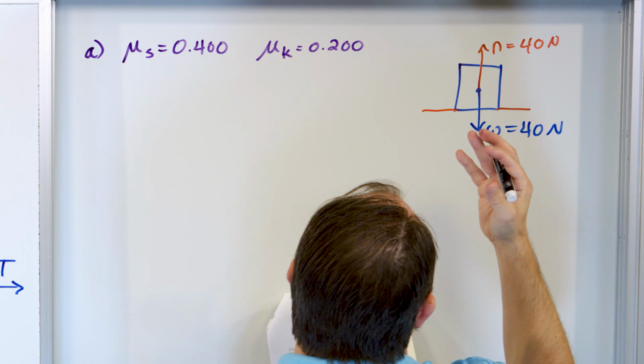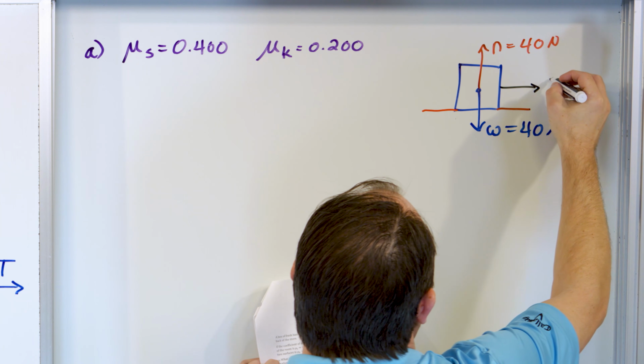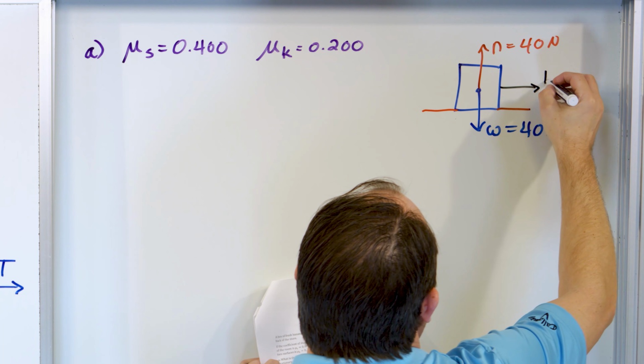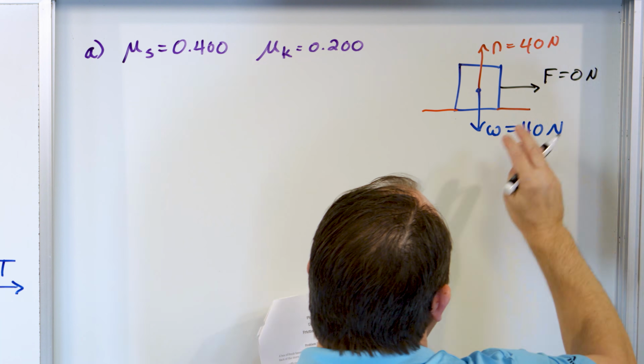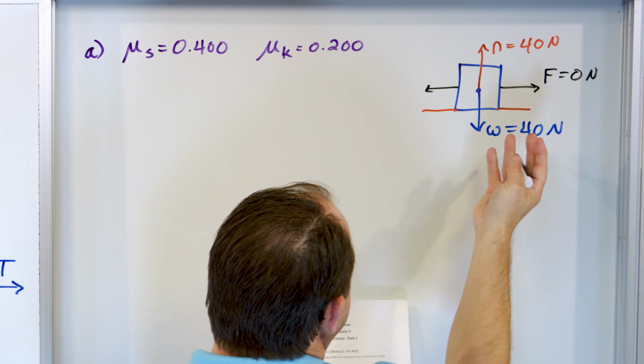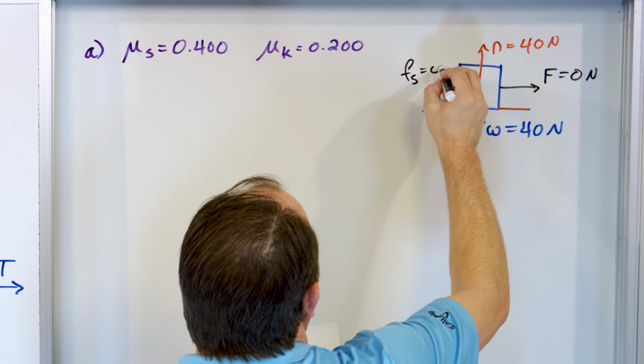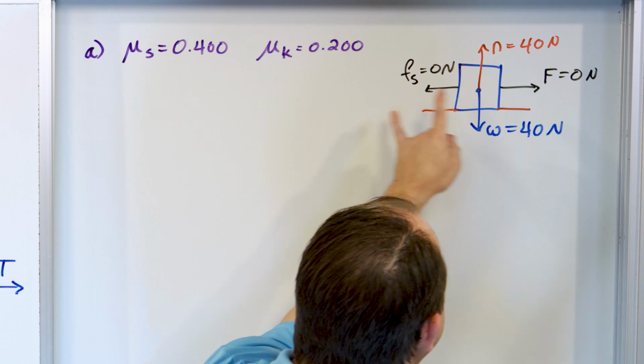Or zero pushing or pulling on the object. What we're basically saying here is that in case number 1, there is a force acting to the right of 0 newtons. In other words, I'm not pushing it at all. And so that means that the reaction, the frictional force that comes about, we're going to call it Fs, also has to be 0 newtons, because everything has to be in balance.